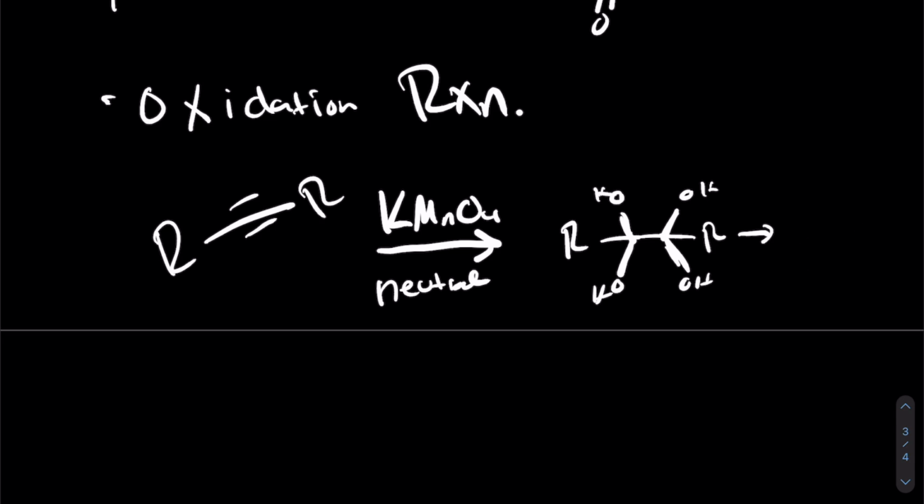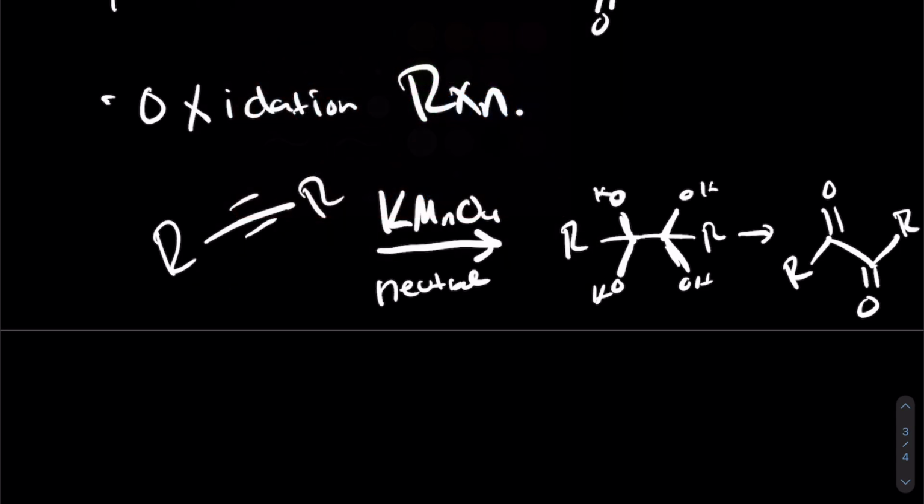ketone products. A geminal diol produces a ketone. So you end up with your O and your H, and you can kind of see that you've got OH, right? Water. So one water is going to leave, that bond's going to break, and it's going to come off as water.